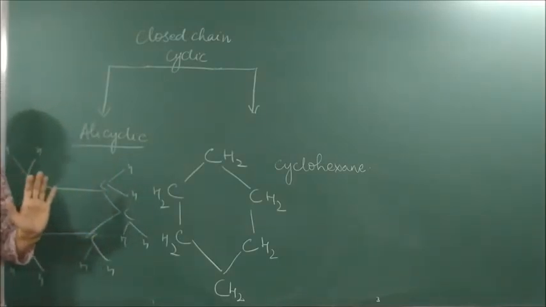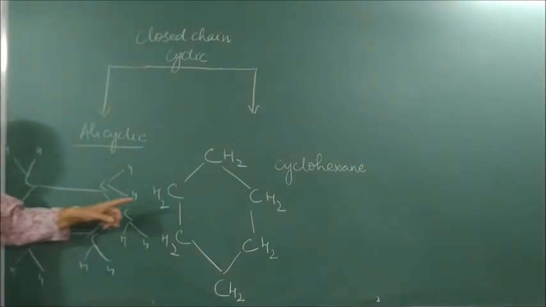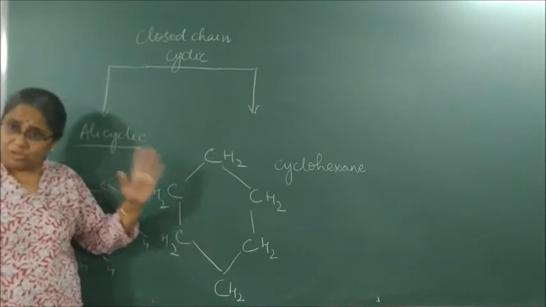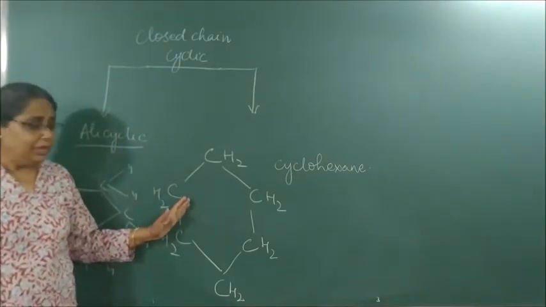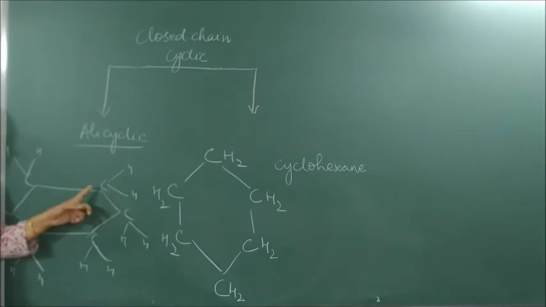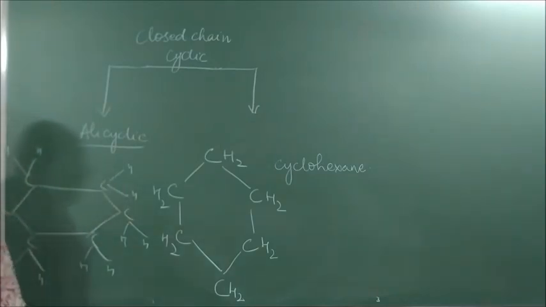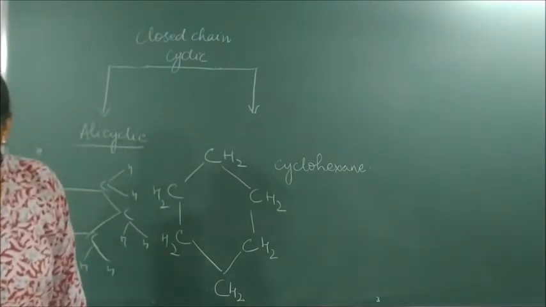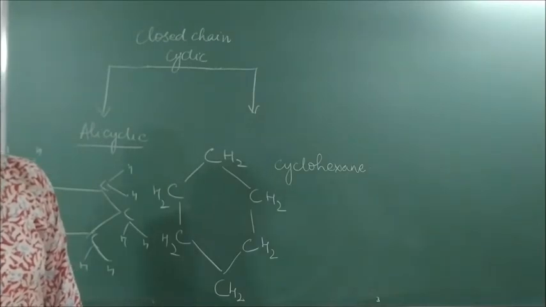Understood? Clear? So cyclohexane can also be written like this. Most of us write it like this, but because they are explaining and showing the bonds, they have written cyclohexane like that.